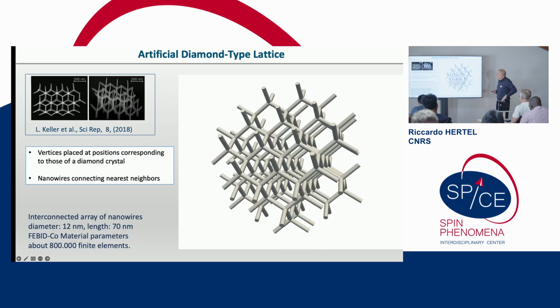So moving on now to another geometry, having looked at this buckyball, we wanted to see how these true three-dimensional structures behave in a micromagnetic sense. We came up with this set of interconnected nanowires, which we call the artificial Magnonic crystal, with the shape of a diamond lattice, since the vertex points are located at positions corresponding to those of a diamond.